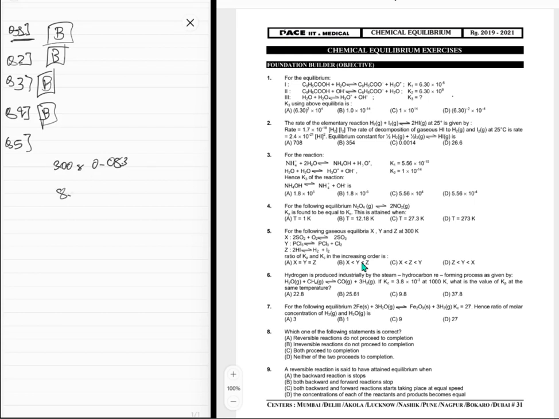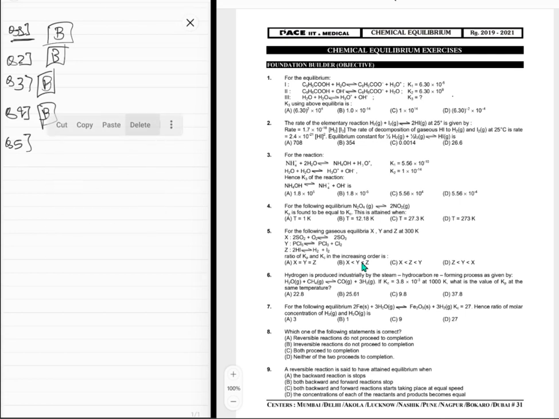That would be 8.3 into 3, which is of course bigger than 1. So RT is bigger than 1, then you can do some stuff, right? So talk about RT to the power of delta n gaseous, right? That's what we have as Kp upon Kc. And as RT is bigger than 1 over here, this is an increasing function in delta n gaseous.